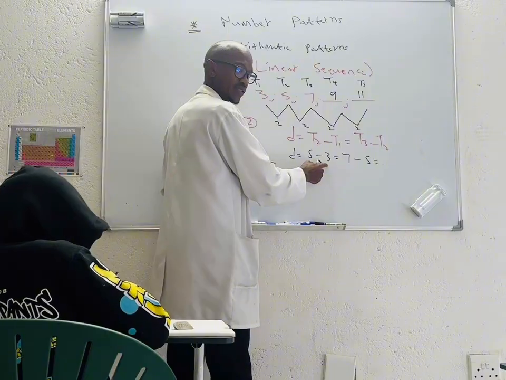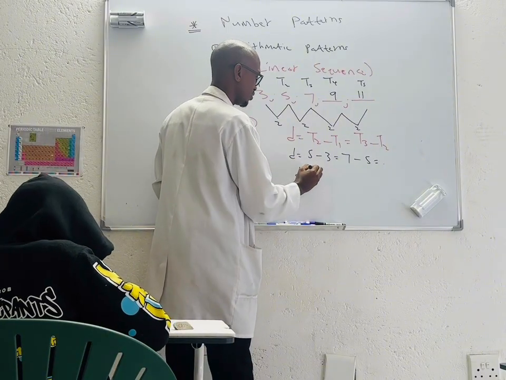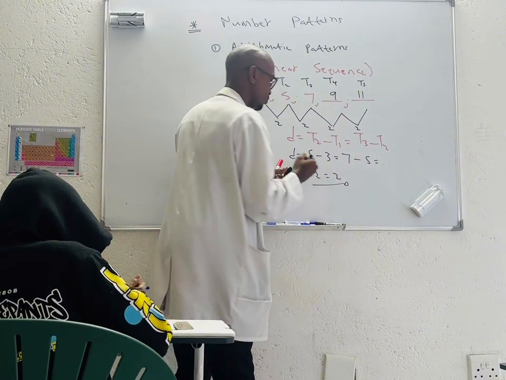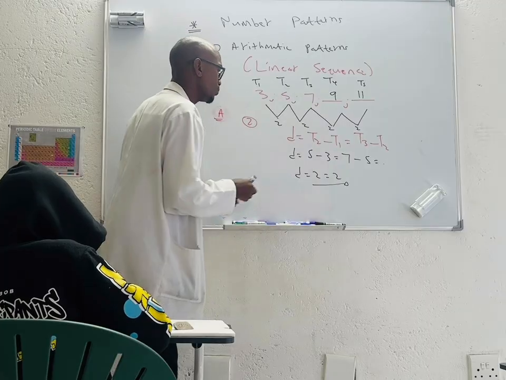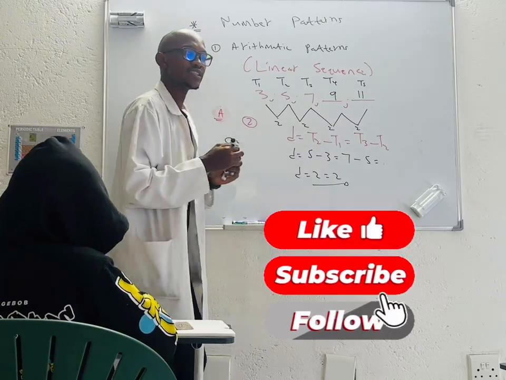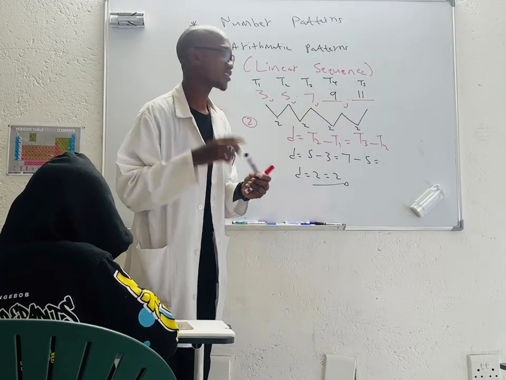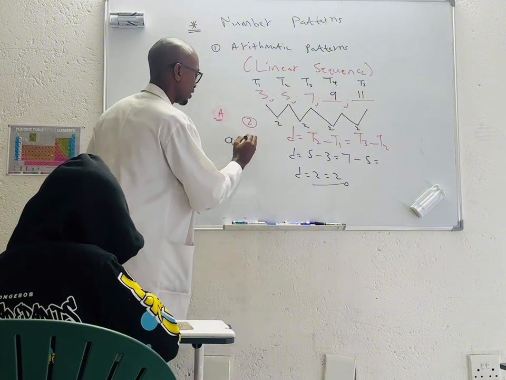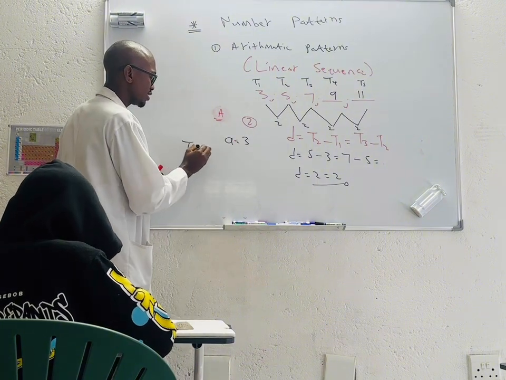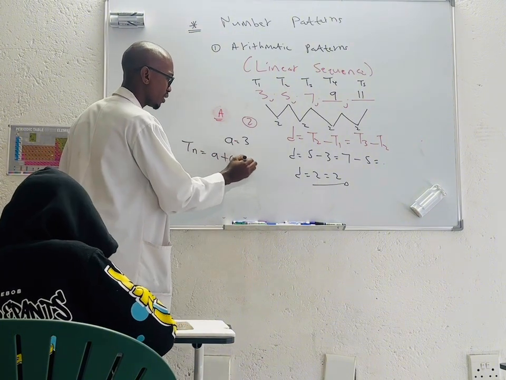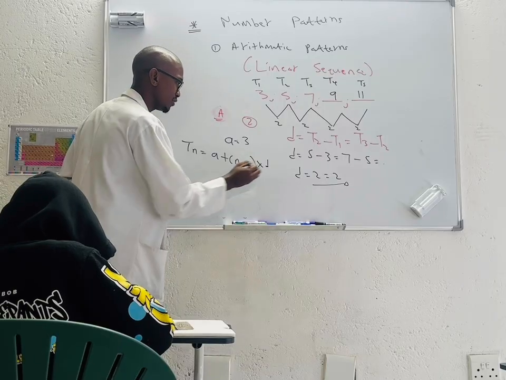We know 5 minus 3 is 2, and this is also 2. So you can see the common difference is 2. And then what is a? We said a is the first term of the sequence. What is the first term? 3. So my a is 3. So the formula says Tn equals a plus (n minus 1) multiplied by d.